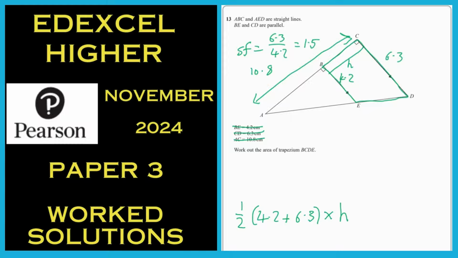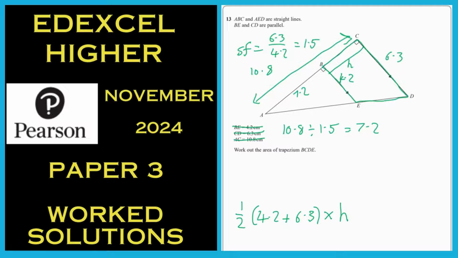Well, the good news is we can work it out. If we do 10.8, which is this whole line, if we divide it by our multiplier, because we're getting smaller, we can get the value of A to B. So that becomes 7.2.